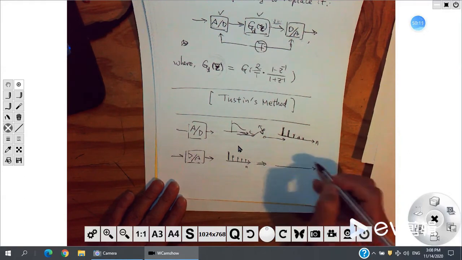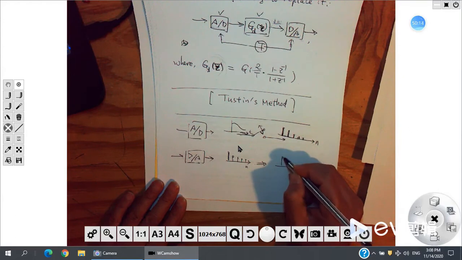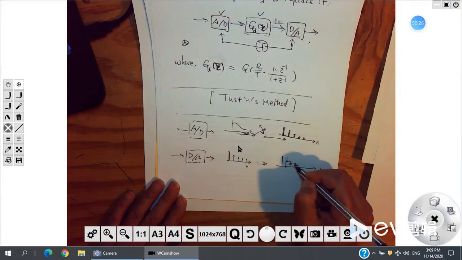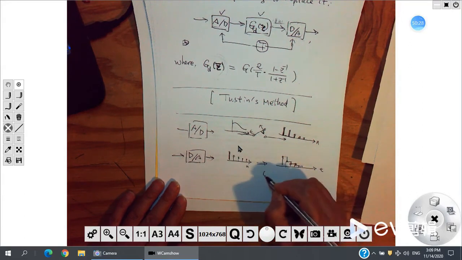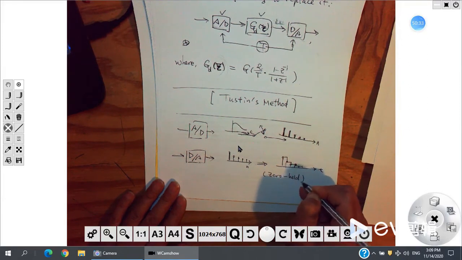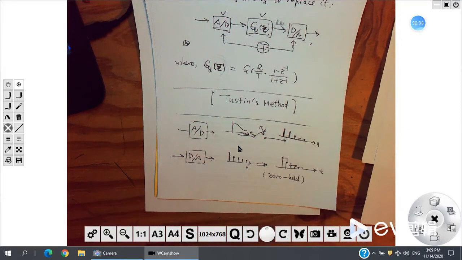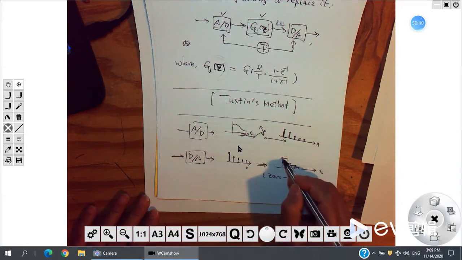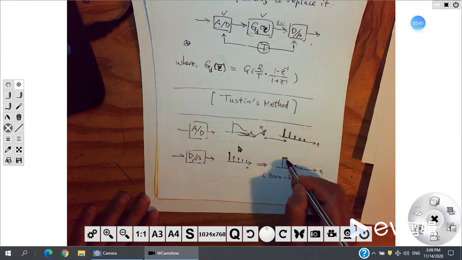The simplest way is just like this. You have a value here, then keep it until the next value comes, then keep it until the next value comes. It looks like this, because this is a zero-order hold. Zero-order hold means when you get a value, you just hold it, keep it without change, so you have a straight line.